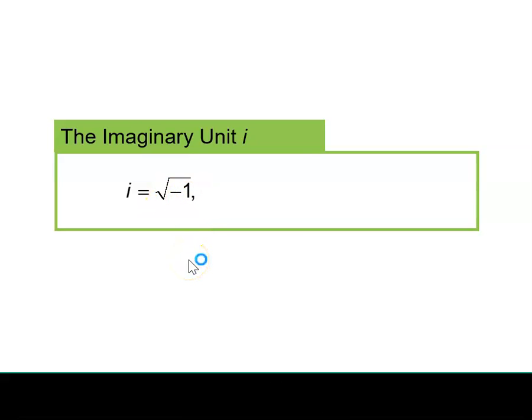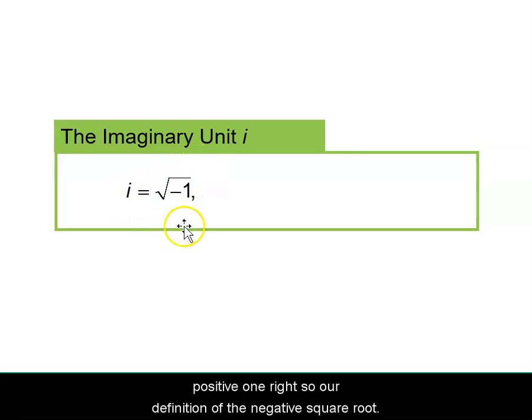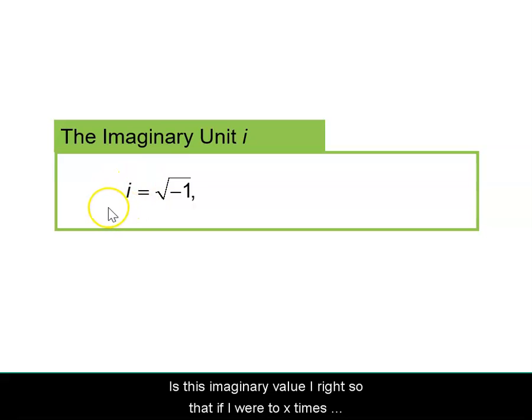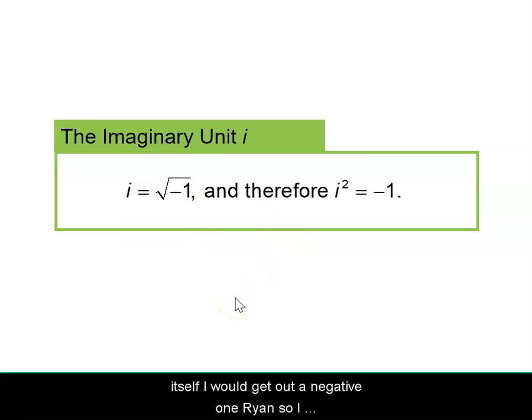And there's no way you can get a negative by multiplying something by itself, right? So 1 times 1 is always 1. -1 times -1 is still a positive 1, right? So our definition of the negative square root is this imaginary value i, right? So that if I were to multiply i times itself, I would get out a -1, right? So i squared is -1.